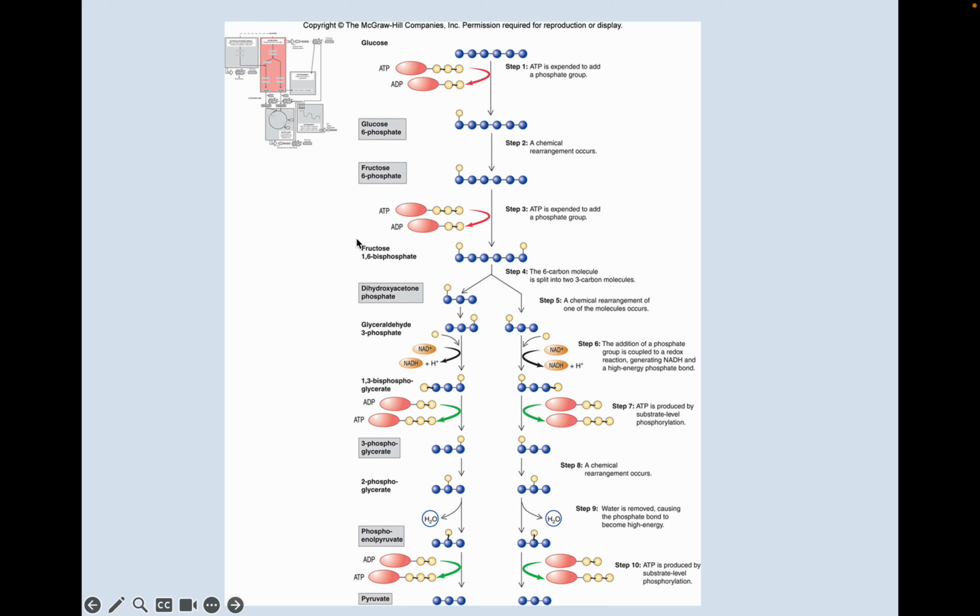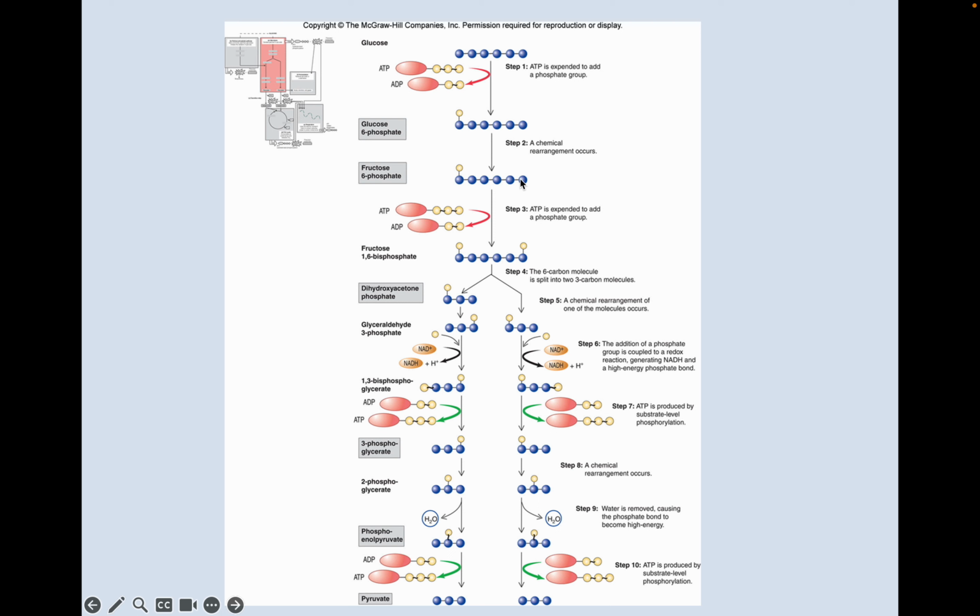All right, so let's look at it in a visual form. We've got glucose at the top here. Count the blue carbons. 1, 2, 3, 4, 5, 6. So here's our 6-carbon glucose. We're going to apply ATP. So we're spending energy here to add this phosphate group.